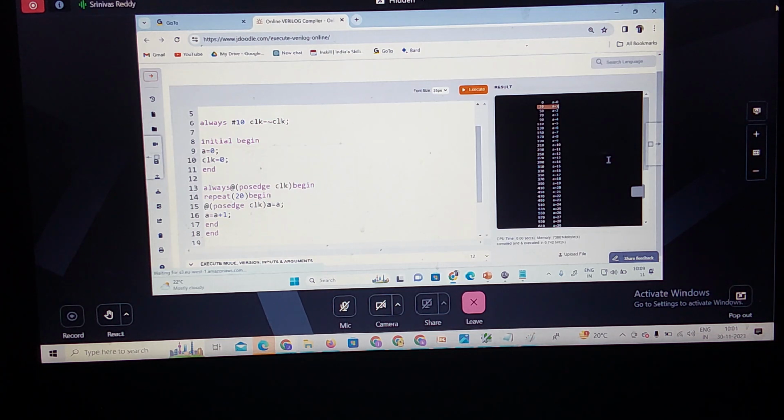So at time t is equal to 0, A is 0. Then next it will be delayed by how many clock cycles according to the problem? 20. At time t is equal to 0, how many clock pulses, how many positive edges? So what I mean to say is, this program is asking about this.